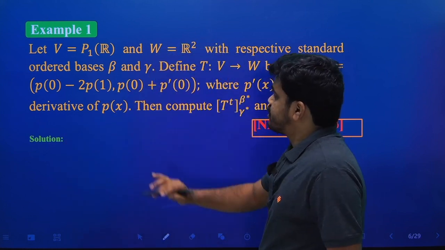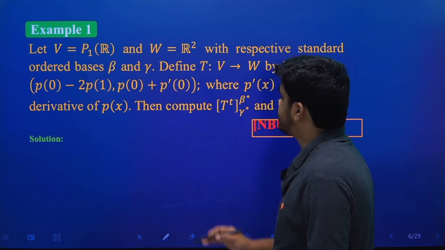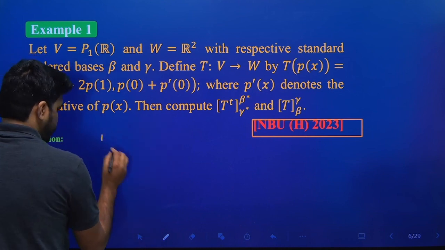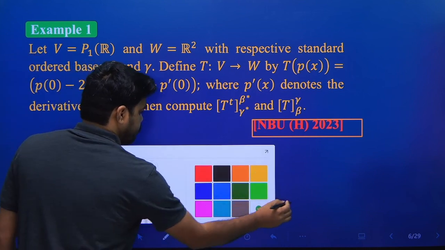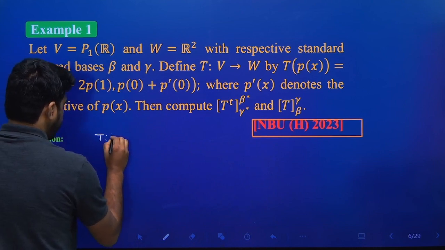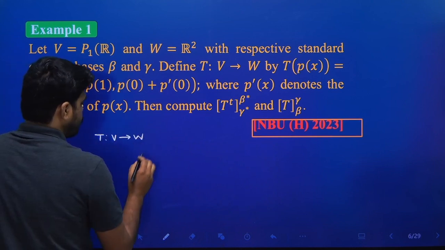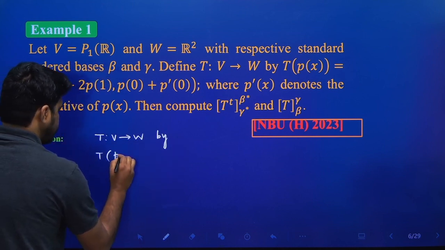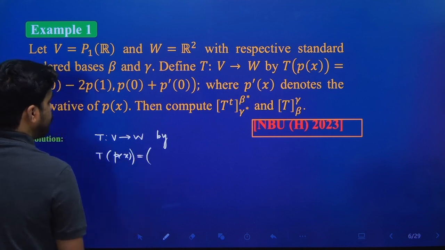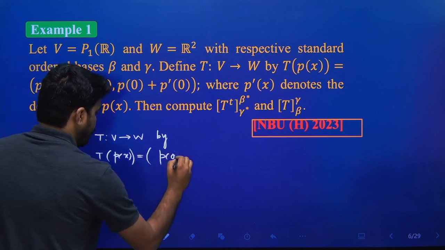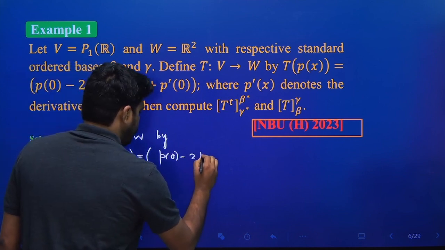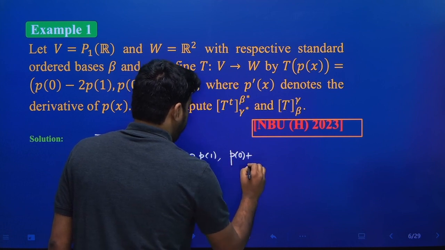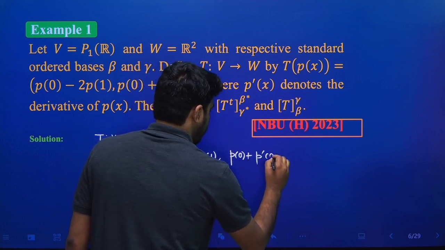With respect to standard bases beta and gamma, define T, a mapping from V to W, by T(p(x)) = (p(0) - 2p(1), p(0) + p'(0)).